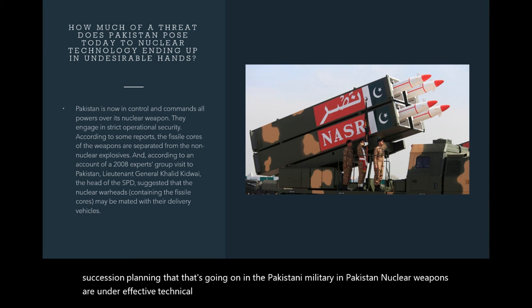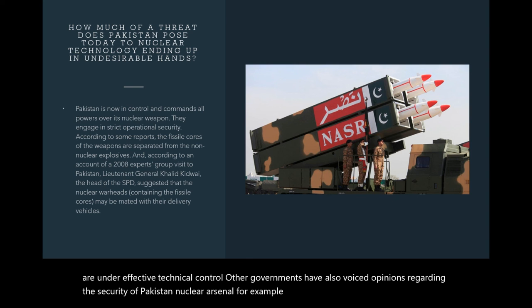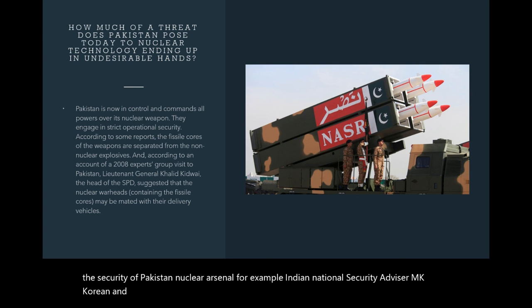Other governments have also voiced opinions regarding the security of Pakistan's nuclear arsenal. For example, Indian National Security Advisor M.K. Narayanan said the arsenal is safe and has adequate checks and balances.